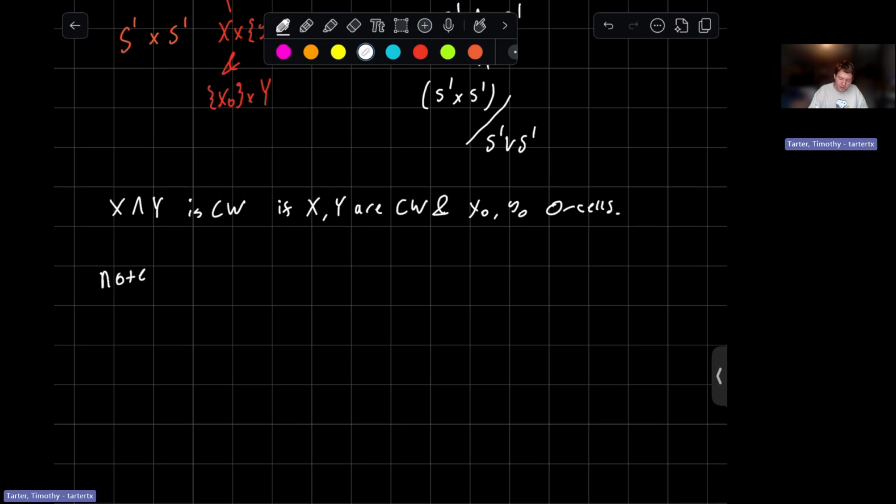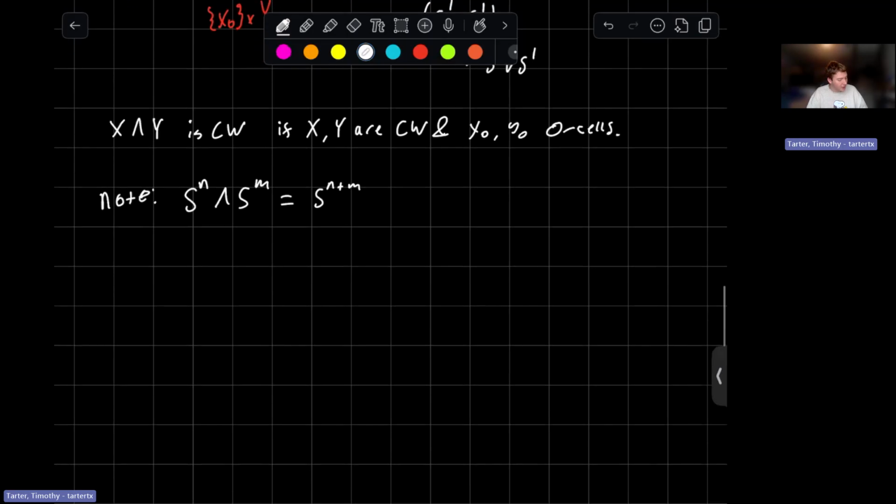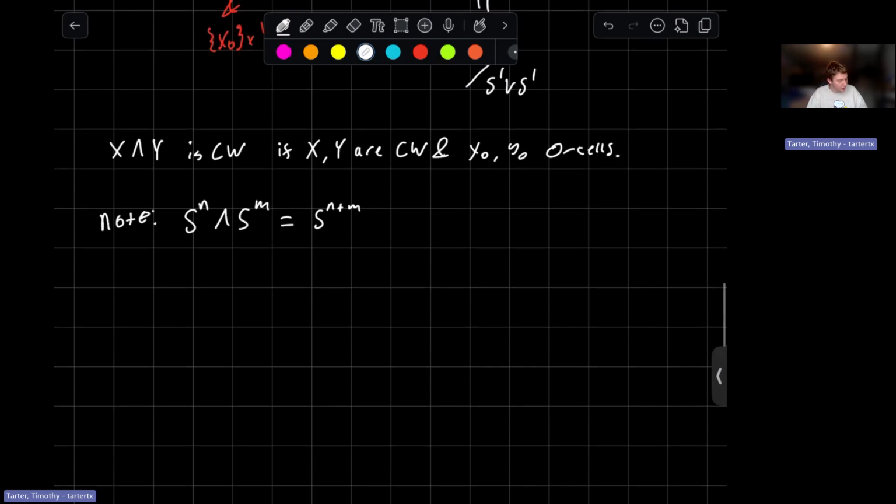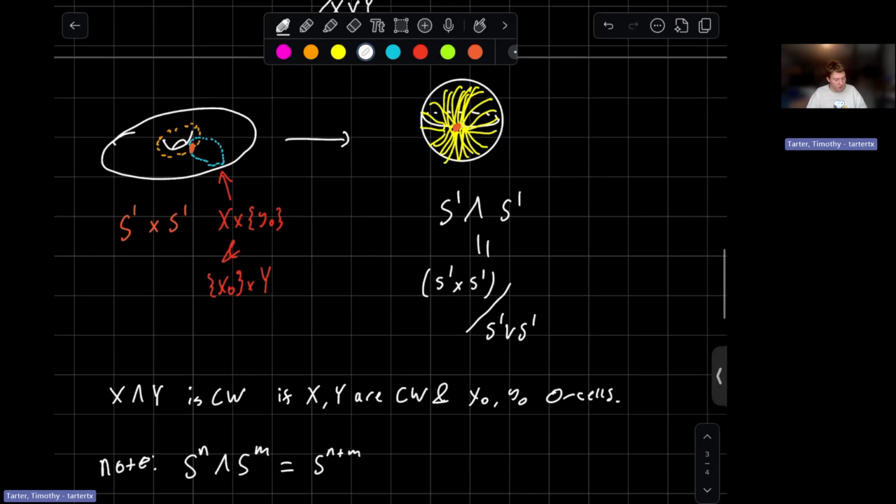And then as a remark, because this is not intuitively obvious to me, Sn smash Sm is equal to Sn plus m. In particular, when m and n are both 1, we see that collapsing longitude and meridian circles of a torus produces a two-sphere.